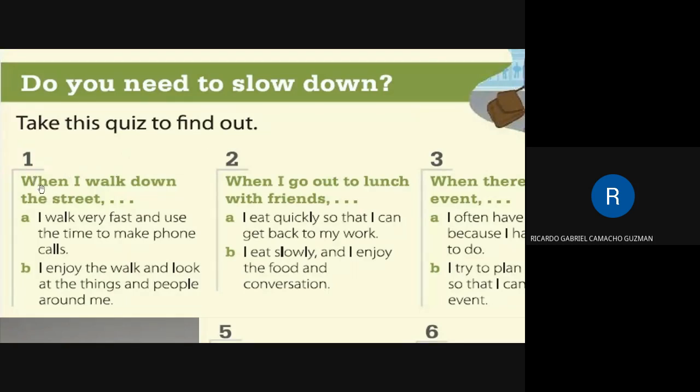Number one says, when I walk down the street, I walk very fast and use the time to make phone calls, or I enjoy the walk and look at the things and people around me. What do you usually do when you're walking down the street? I mean, now we are in pandemic, but whenever you did that, how do you feel that?